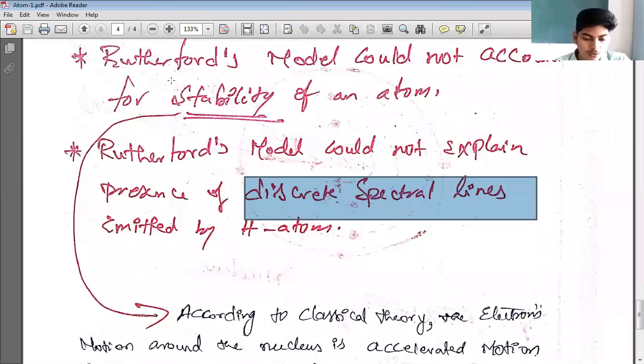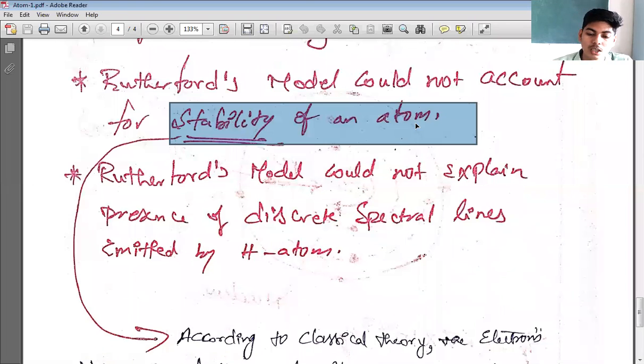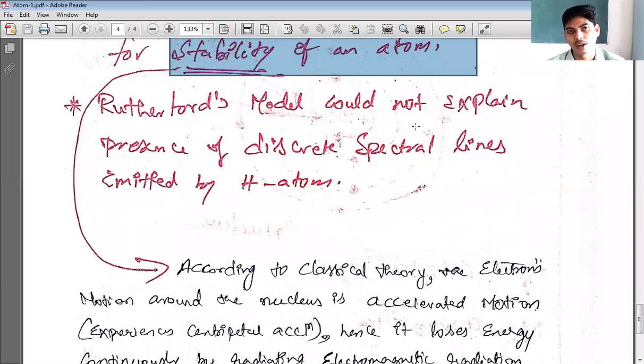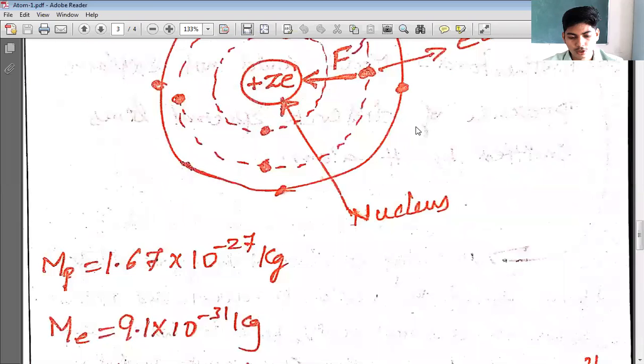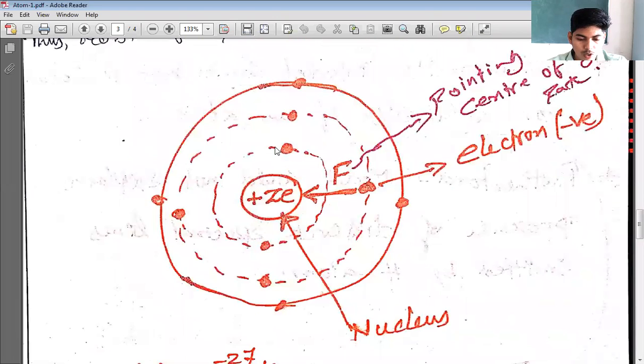Now we'll try to understand why Rutherford's atom model could not explain stability of an atom. Rutherford says electrons revolve around the nucleus in circular orbits.